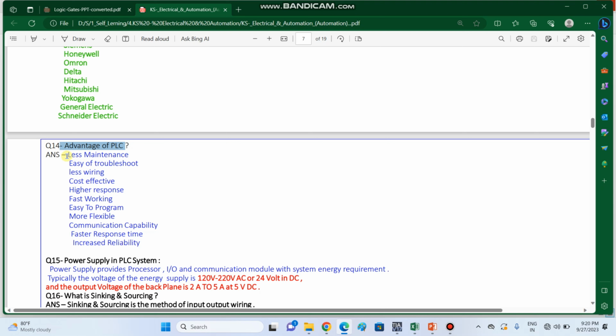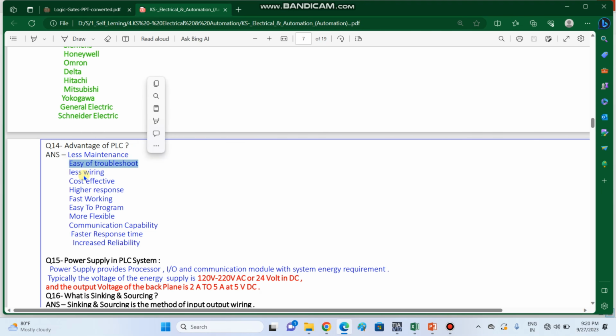Advantages of PLC: less maintenance, because a PLC is easy to troubleshoot.